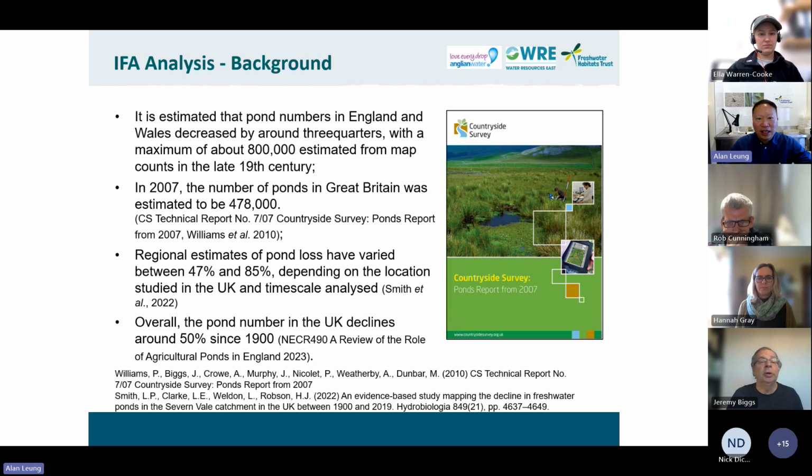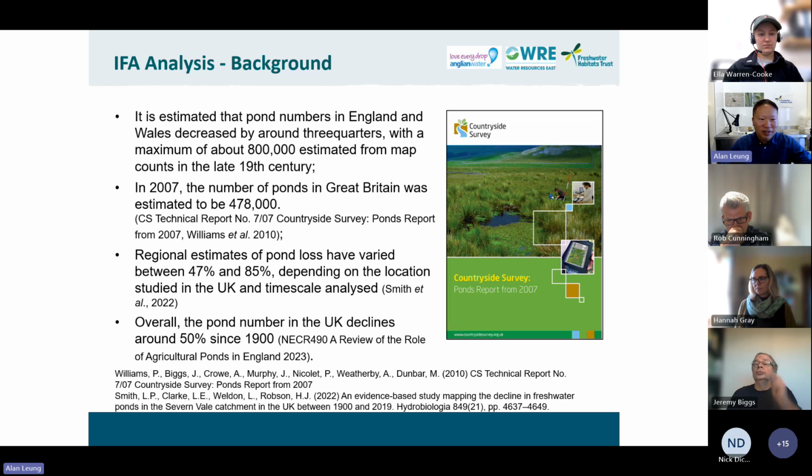According to the Countryside Survey conducted some years ago, the number of ponds in Great Britain has dropped significantly since the 1900s. There are many other studies that try to estimate the number of ponds, and they all come up with very varying figures.